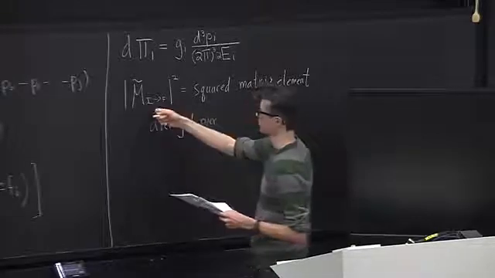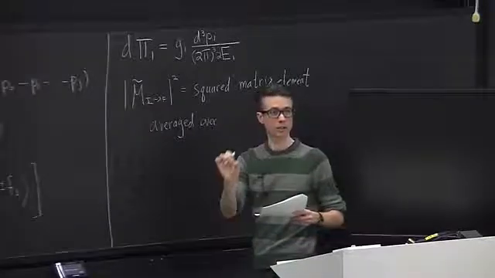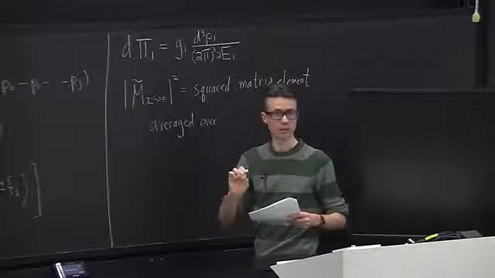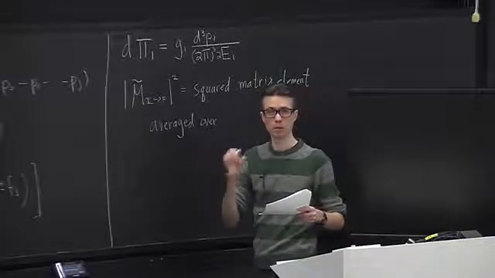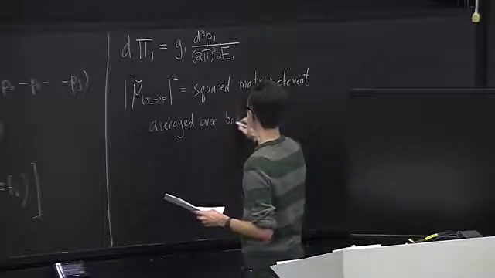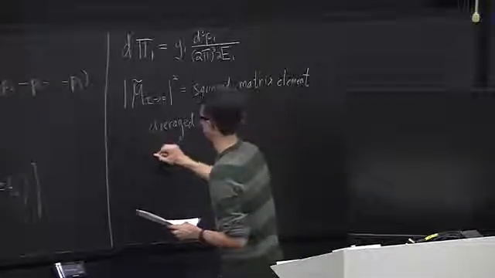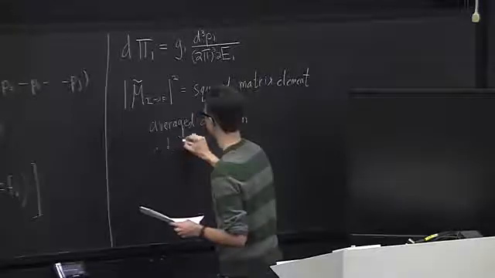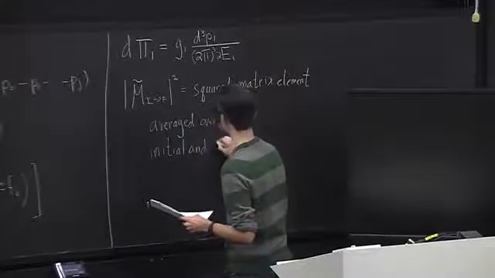In this case, the special thing is you average over both the initial and the final states. So it's the usual summed and squared matrix element, but you're averaging over both initial states and final states.